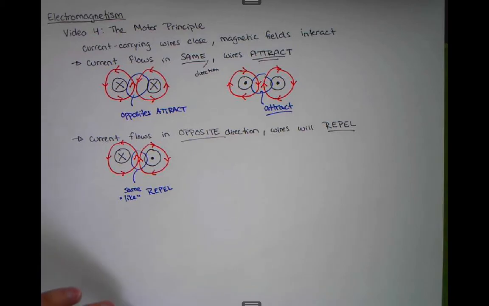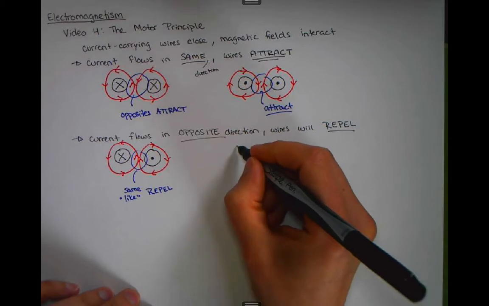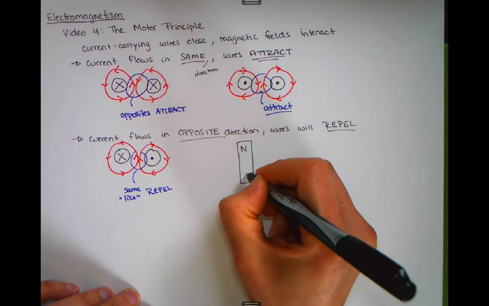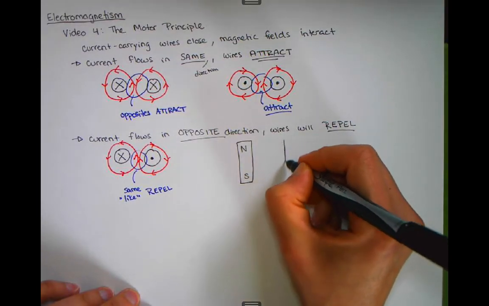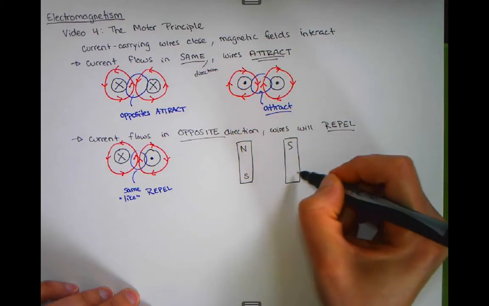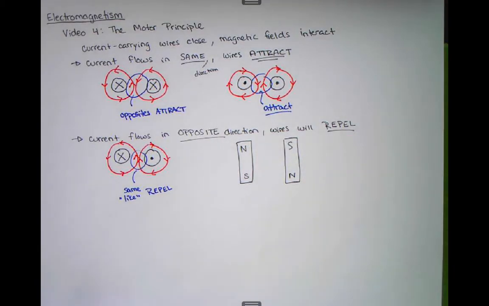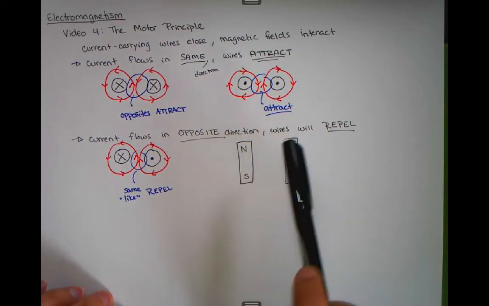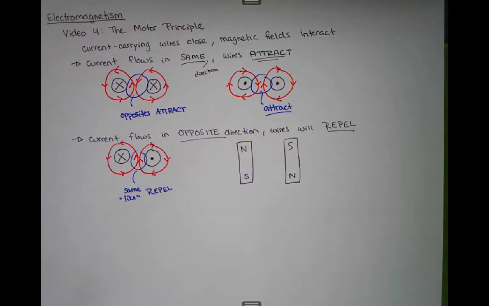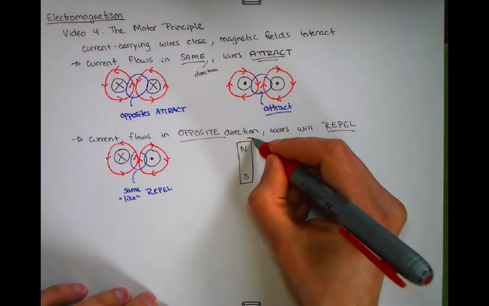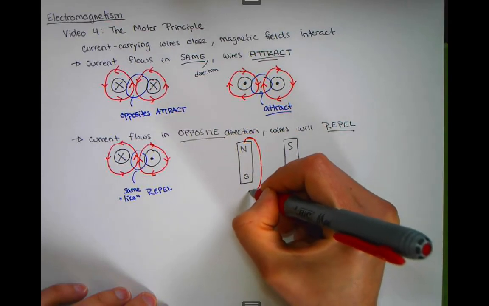You could do something very similar with bar magnets, right? So if I had two bar magnets that were set up, so this doesn't necessarily have to be current carrying wires. I could have two bar magnets, right? Let's put them in the opposite directions here. So north at the top for the one on the left, south at the top for the one on the right. If I draw the magnetic field, you know the magnetic field goes from the north to the south.